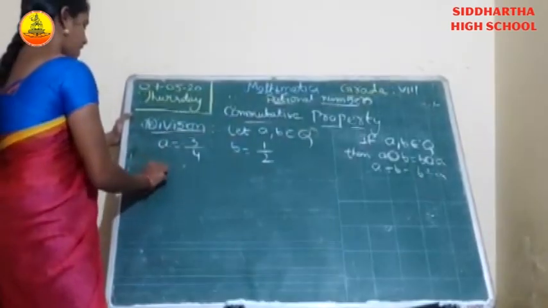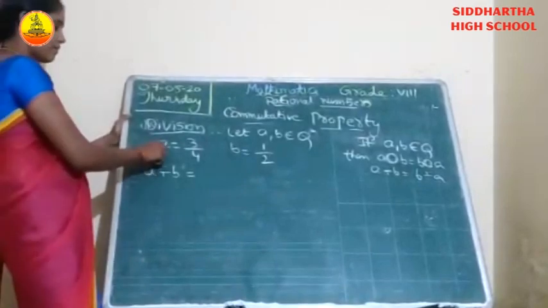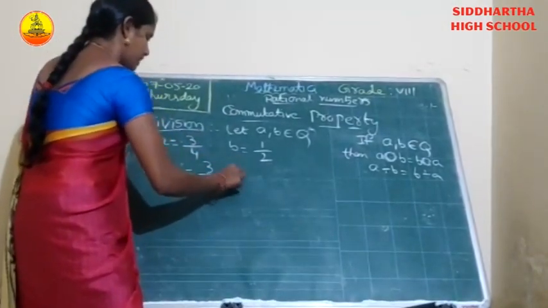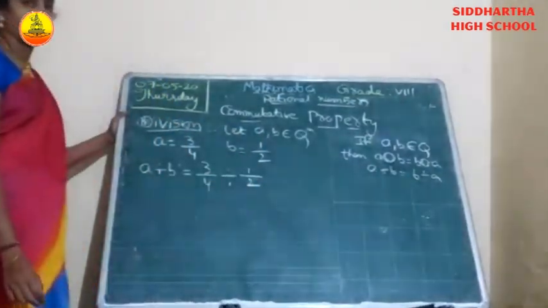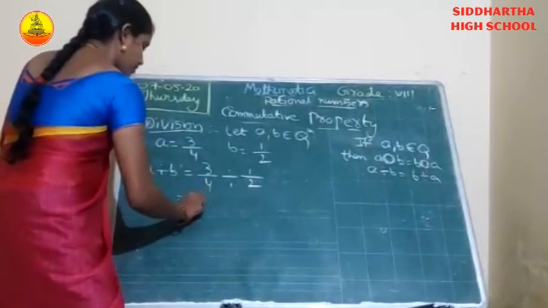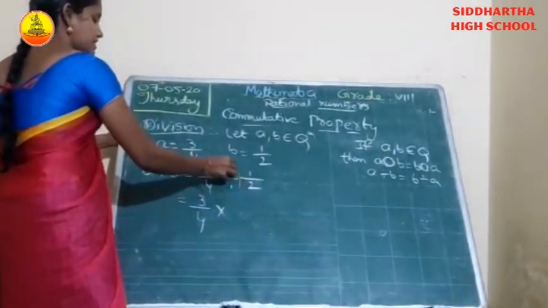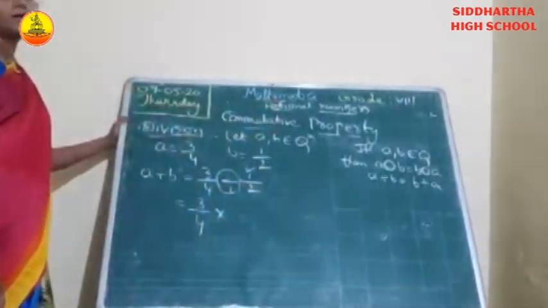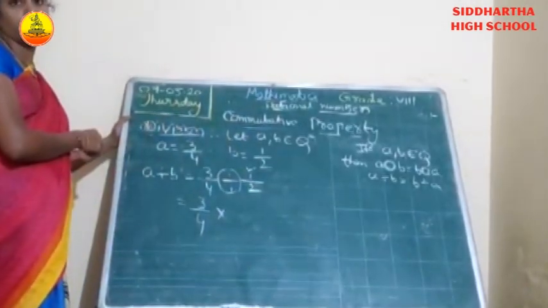Now, what is the value of a divided by b? A value is 3 by 4 divided by, what is the value of b? 1 by 2. 3 by 4, the division symbol changes into the multiplication symbol. If you change the division symbol into the multiplication symbol, the next number becomes the reciprocal of the given number. What is the meaning of reciprocal?